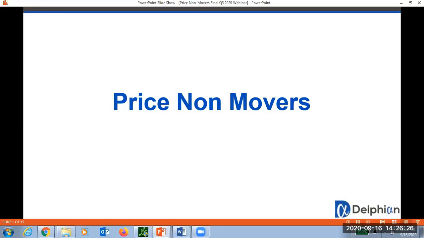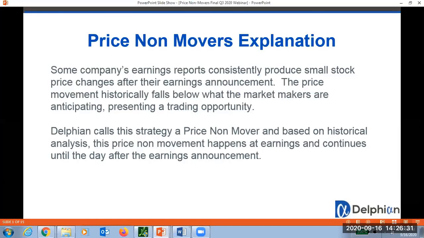With the price non-movers, we're just looking for stocks that don't have that much movement in price around earnings. As you could surmise, with a non-mover you're not typically going to be able to do a long type strategy. You're going to be looking at short strategies, where you're selling the options, collecting a credit, and then buying the options back later, hopefully at a cheaper price.